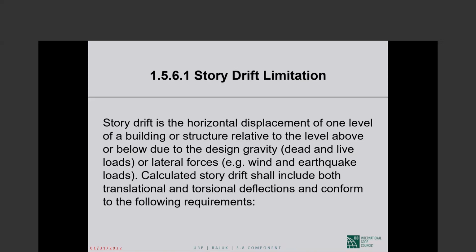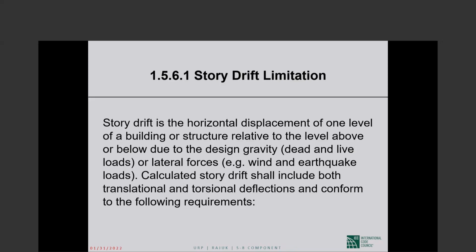Deflection at the top of a story minus the deflection at the bottom of the same story, okay, caused typically by lateral loads. So story drift is the horizontal displacement of one level of a building or a structure relative to the level above or below due to the design gravity dead and live loads, or lateral forces, wind, earthquake.